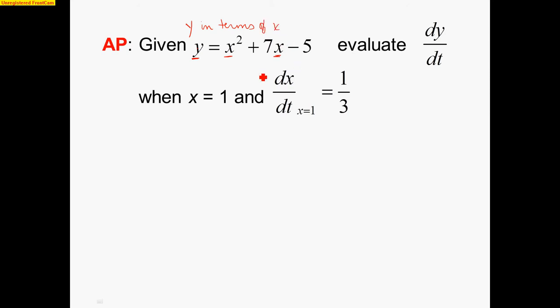So I can certainly find y prime, can't you? Can't you find dy dx, the derivative of the function y with respect to x? What is that? This is just the power rule, right? 2x plus 7.